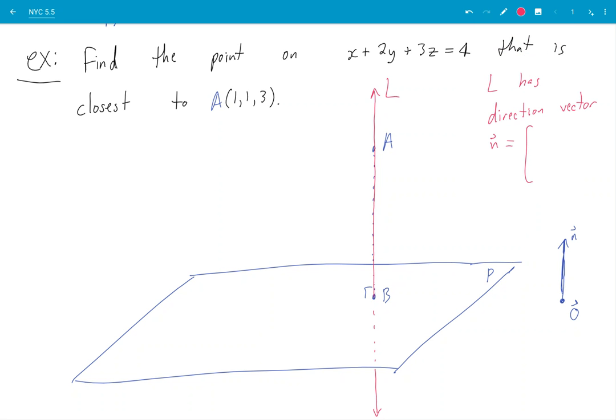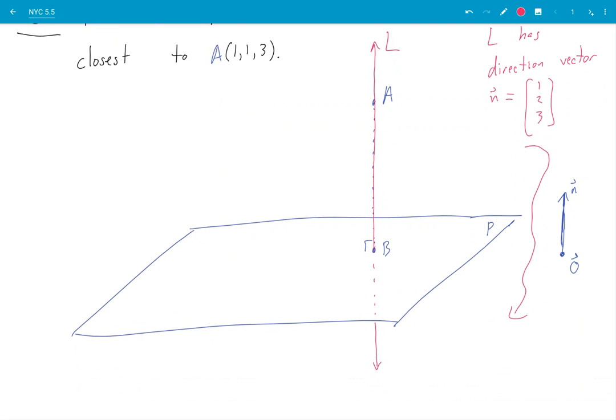So N, which I can read from the coefficients here, it's 1, 2, 3. So I have a direction vector for my line. And then what else?